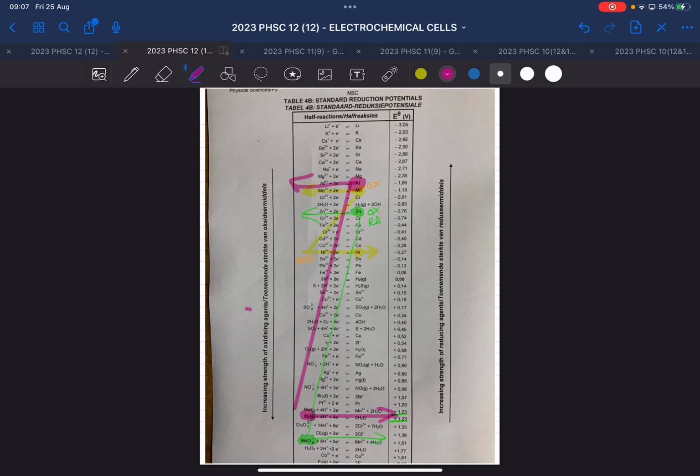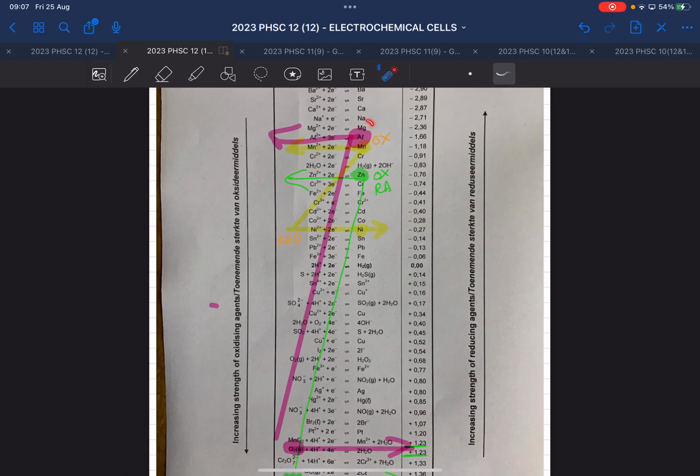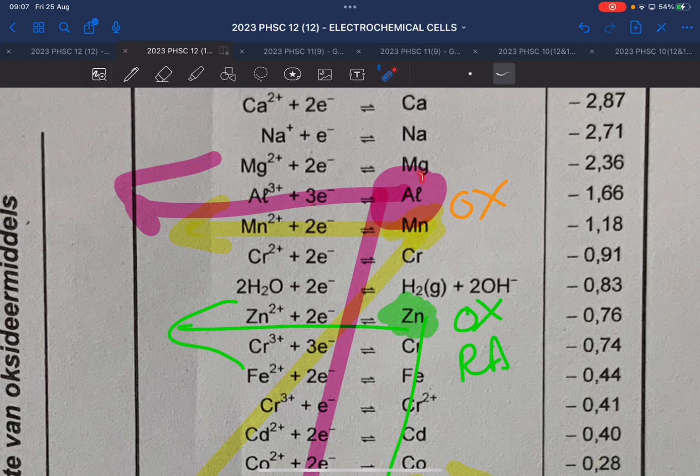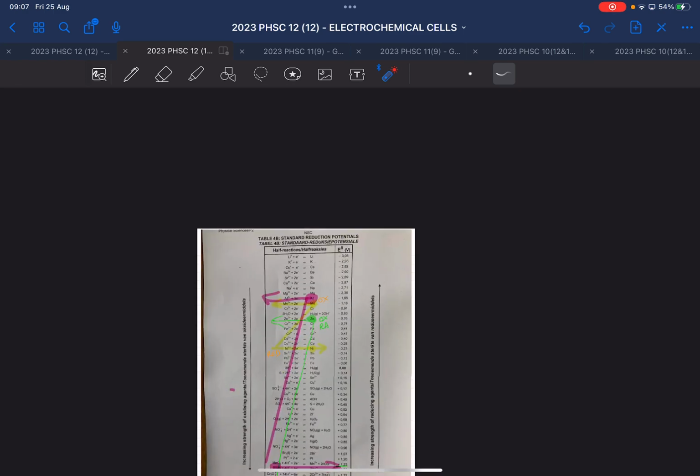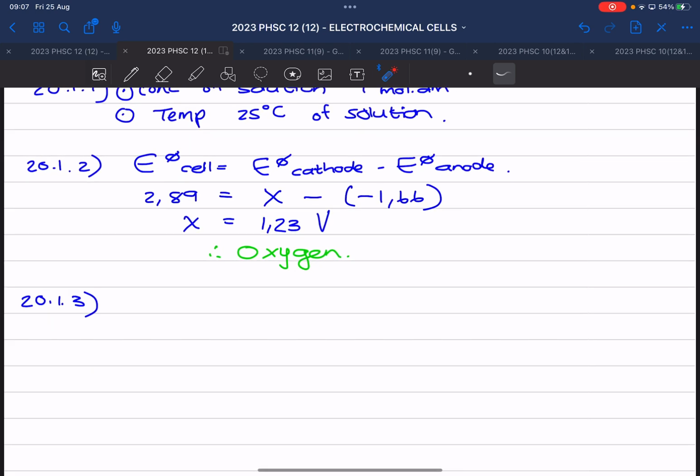We said that at the top, that is the oxidation half reaction. So, Princess, is aluminium the oxidizing agent or the reducing agent? Reducing agent, because it's the oxidation half reaction. So they ask for the formula of the reducing agent, so then you'll just say Al.